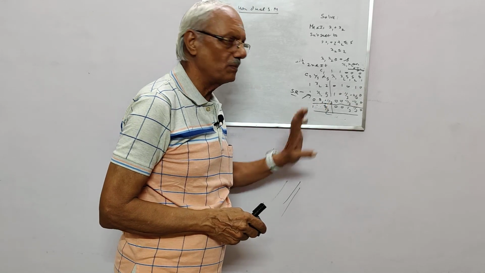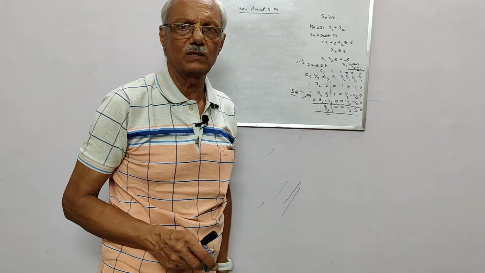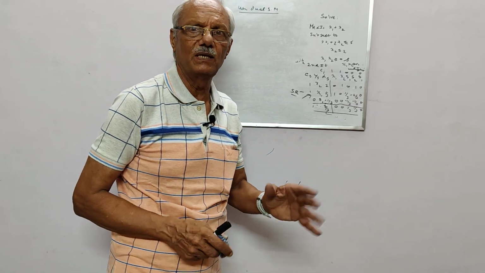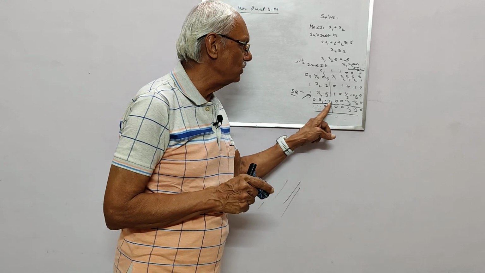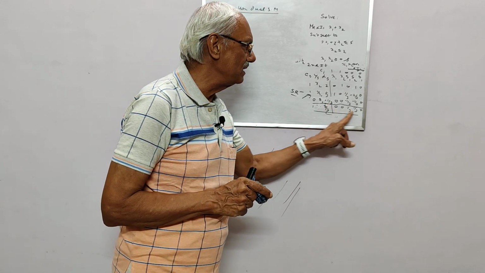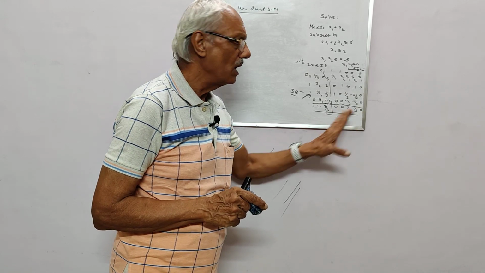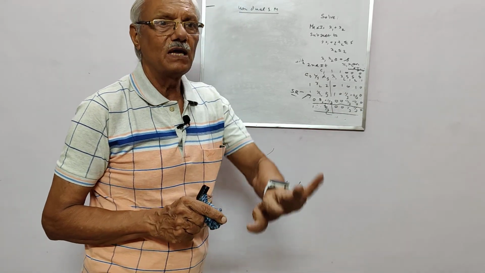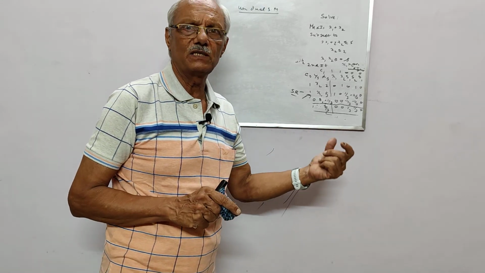The G1 value is minus 1/3. Minus 1/3 means an infeasible solution. It is an infeasible solution and the optimality condition is satisfied. Here it is 0, 0, 1/3, 1/3. All are either positive or 0. Therefore the optimality condition is satisfied, but it is an infeasible solution.